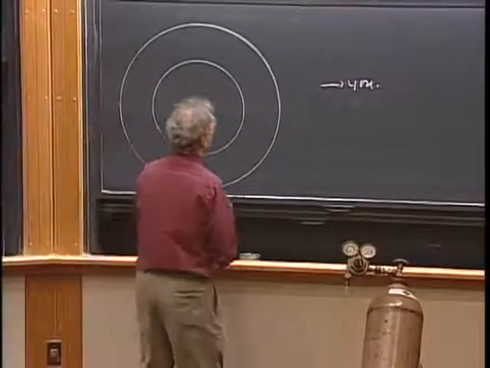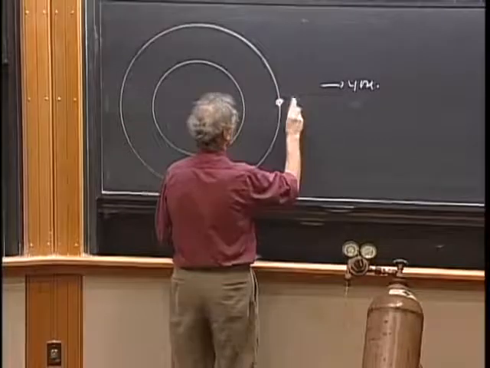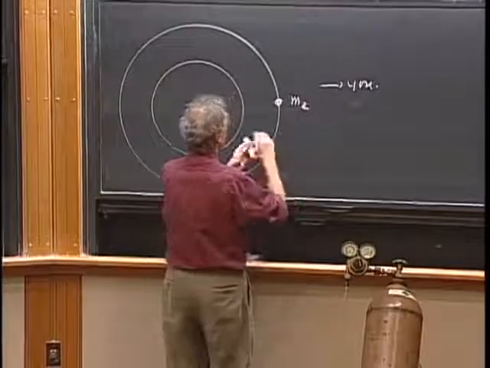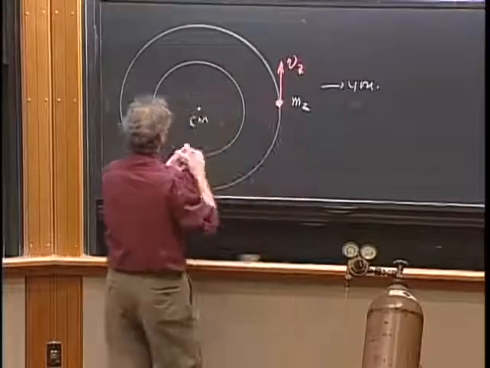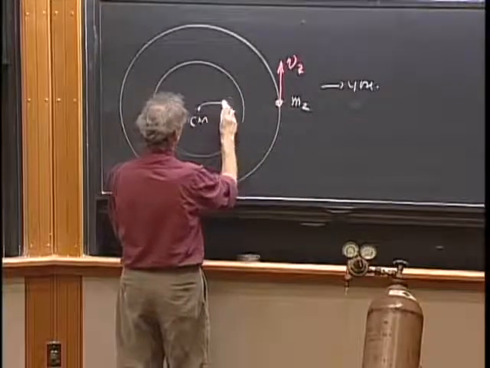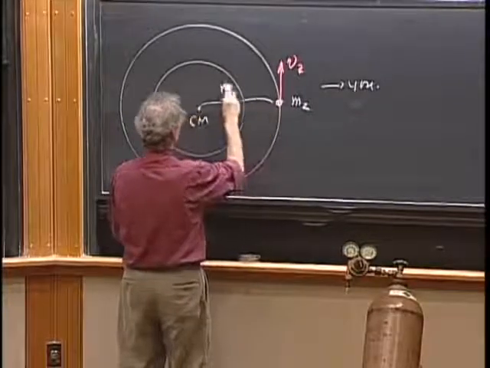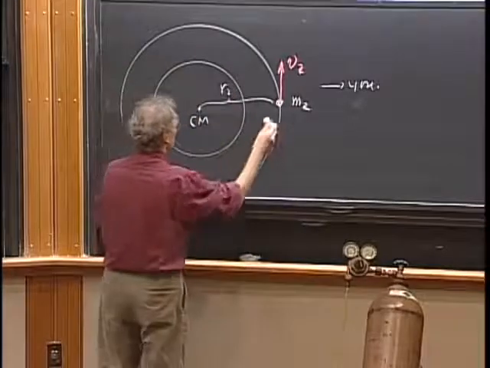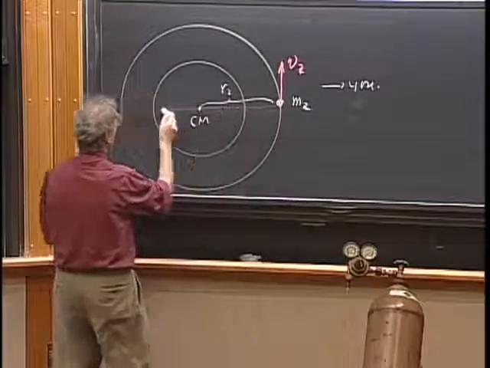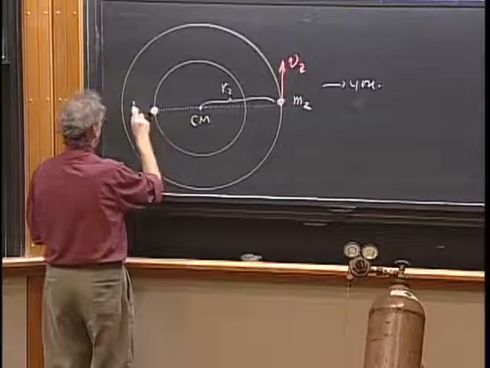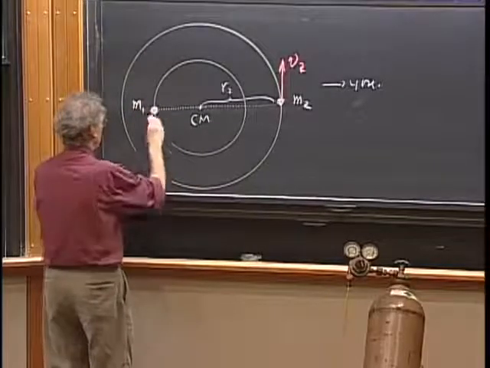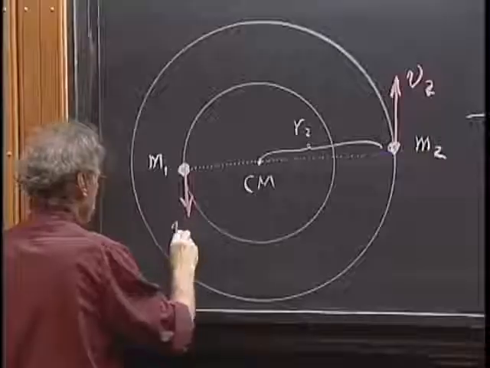And let this object, this star, have a mass m2, and let its speed in orbit be v2, and let this separation from the center of mass be r2. So the other star must be exactly here, m1, and that has a speed v1.